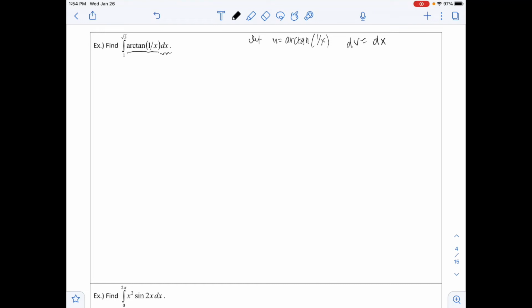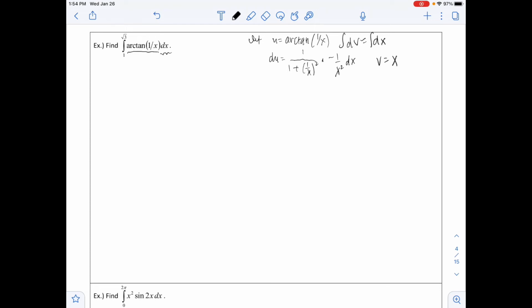So then du is going to be equal to, with arctangent of 1 over x, 1 over 1 plus 1 over x squared, and then times that derivative of 1 over x, which is going to be negative 1 over x squared, and then dx.